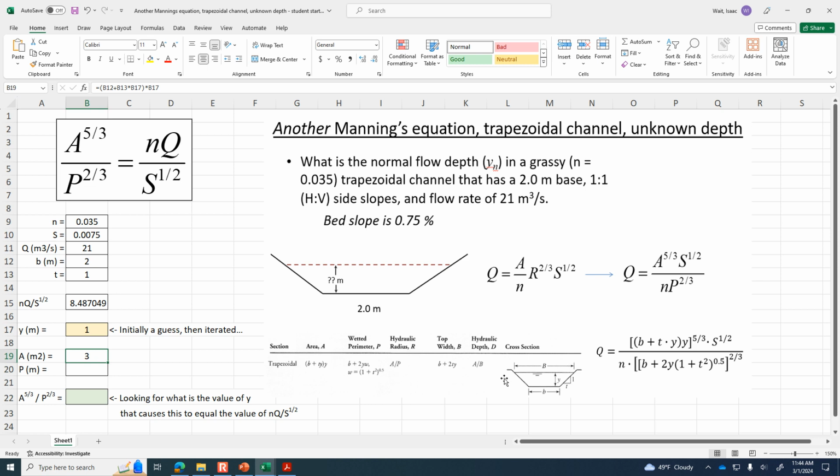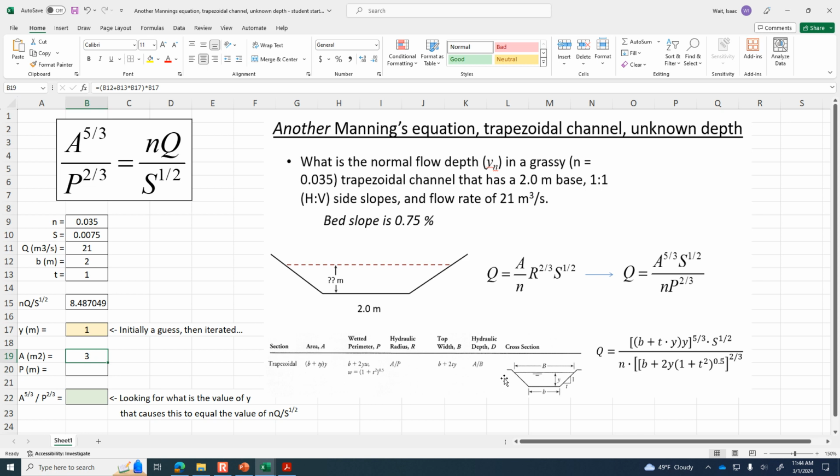And let's just do a reasonableness check. Does that make sense? If we have 1-to-1 side slopes, and we have a depth of 1 meter, and this is 2 meters, then that would give us 2 square meters in the rectangular portion, and then 1 meter by 1 meter, so 2 triangles that we add together.